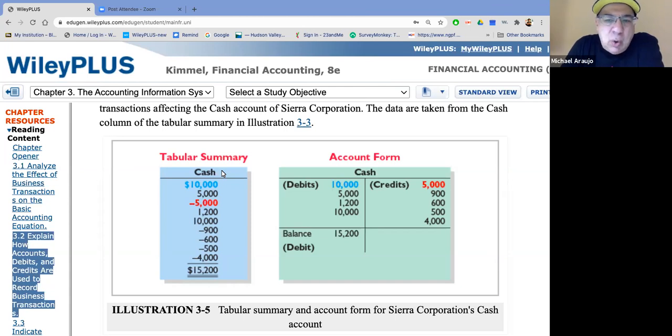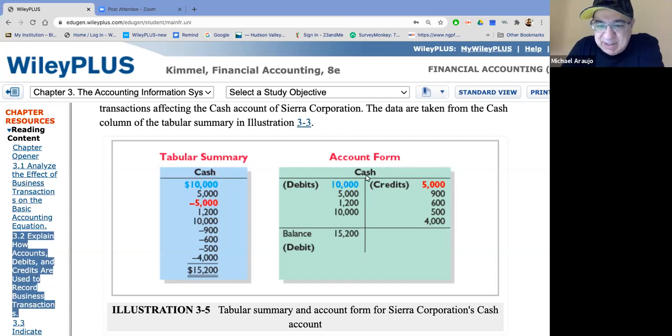Now we need to do one further step. How do accountants see these things in the cash account? Well, again, like I was mentioning, this $10,000, which the investors put in event number 1, meant we had more cash, and you all kind of seem to get that. Well, to bookkeepers and accountants, it would be a debit to cash for 10,000. Again, cash is an asset account. Accounts have two sides.